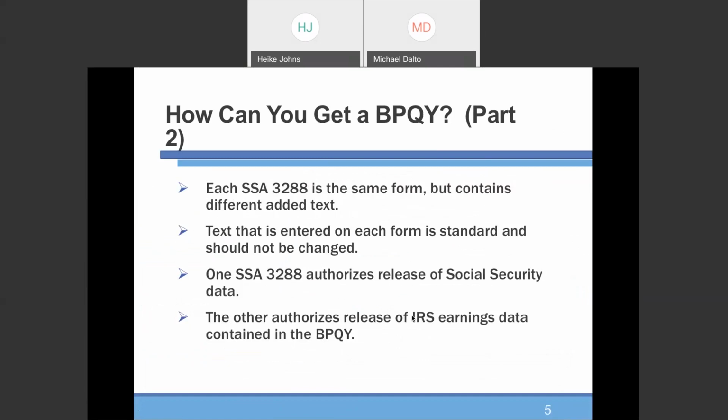Okay. So you don't want to change the text that's been entered into the form, as I mentioned. And again, one copy of the form is for Social Security data, the other is for IRS earnings data.